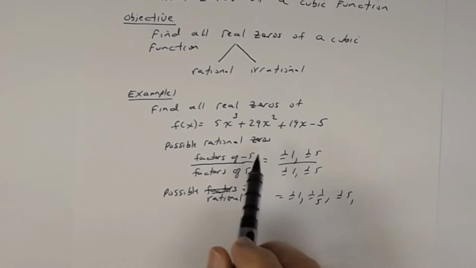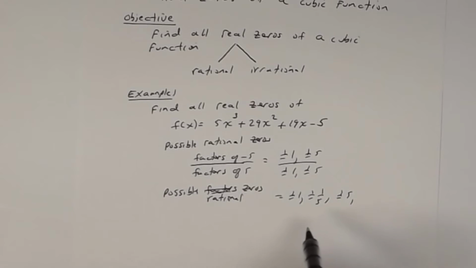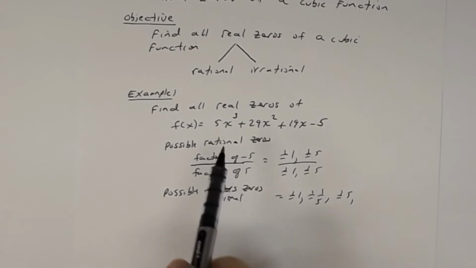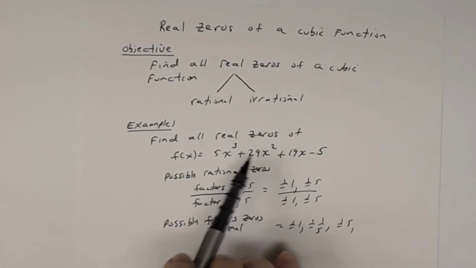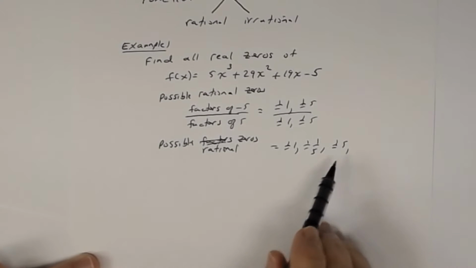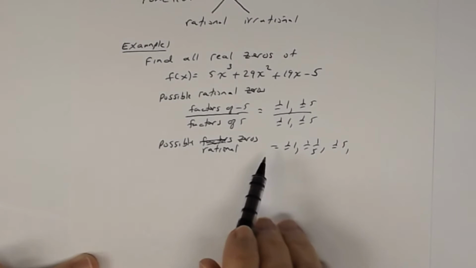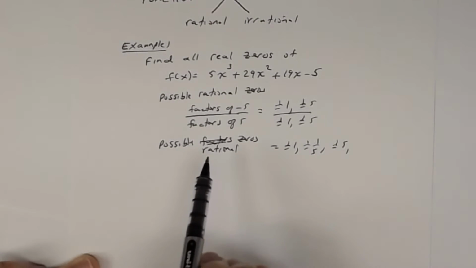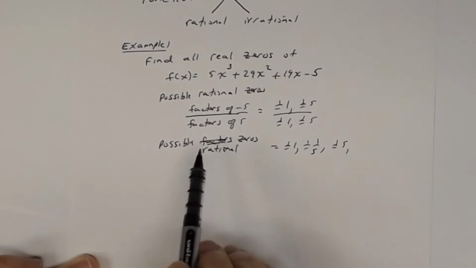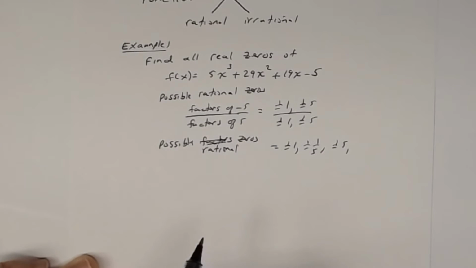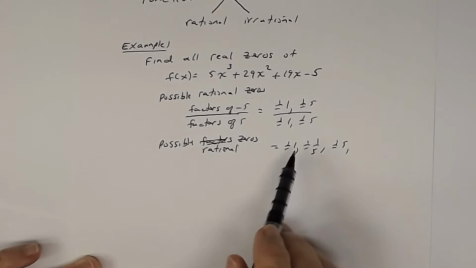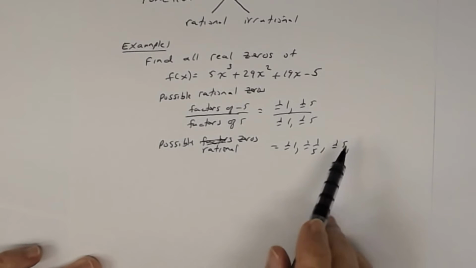Now remember, the rational zero theorem, or the rational root theorem, only says that if you have any rational zeros, it will be one of these. It doesn't say that you will have any. It just says if you do have any, it will be one of those. Remember, what most students do is they try the integers first.